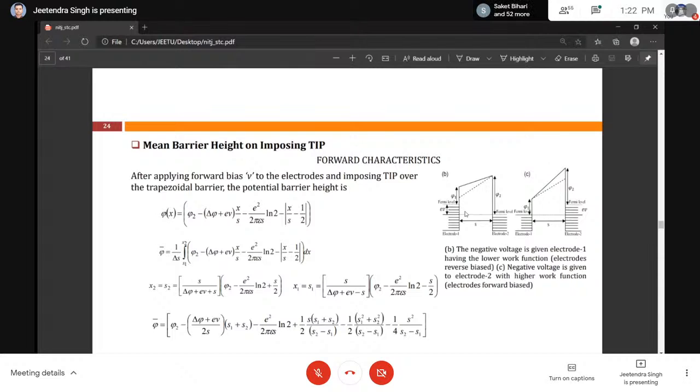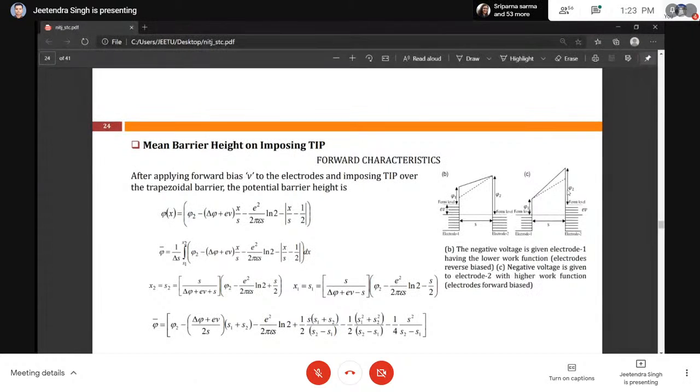Since it is not a rectangular barrier, electron tunneling from this side to that side or the other way around may be different. So the relation needs to be derived for the forward as well as the reverse bias.